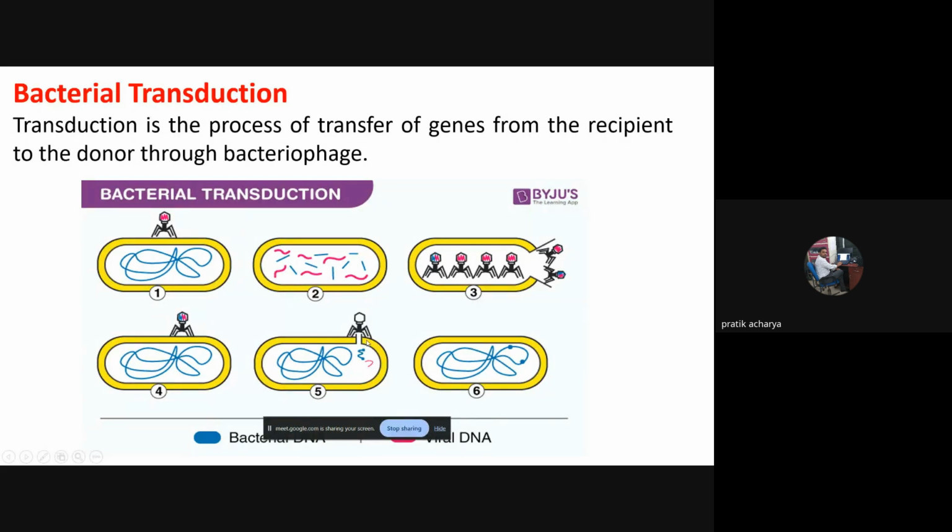This bacterium was not earlier affected by the manipulated DNA, but now this manipulated DNA is incorporated into bacterial DNA, and this causes again manipulation to the next gene. If more and more manipulation occurs, that leads to more mutation, that leads to more change in the structure. Are you getting my point? This is all, sir, about bacterial transduction.